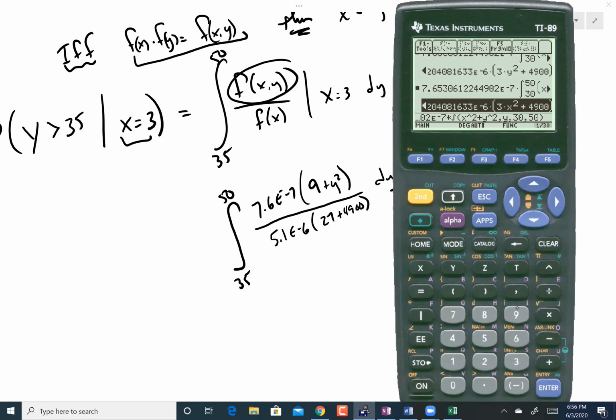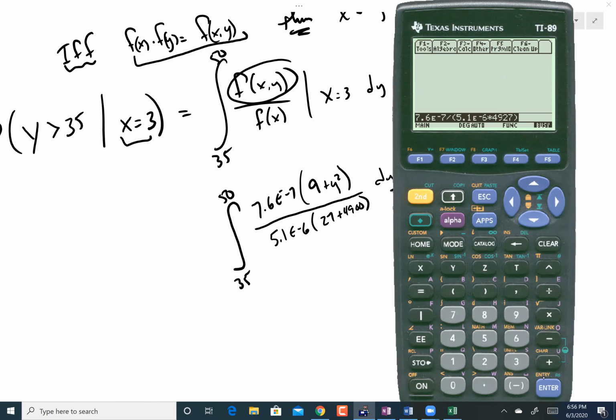So 7.6 e -7 divided by 5.1 e -6 times 49.27, maybe. So I get that number there, lovely.